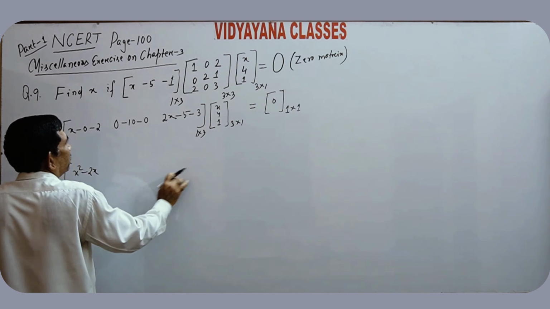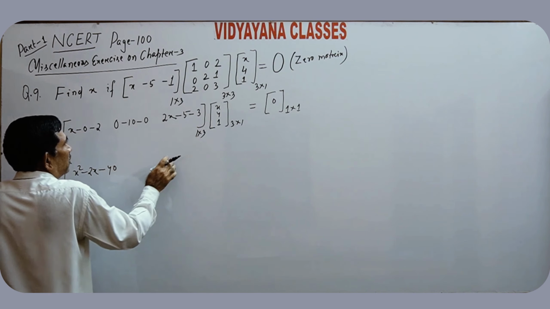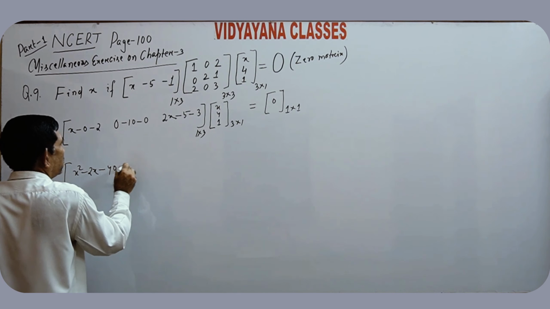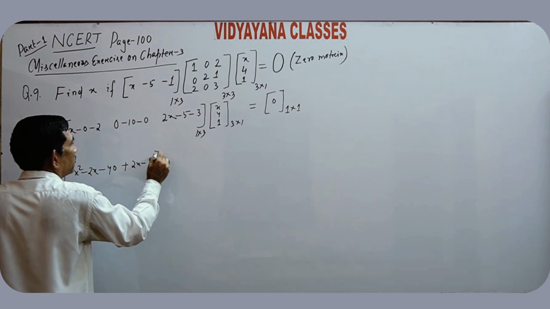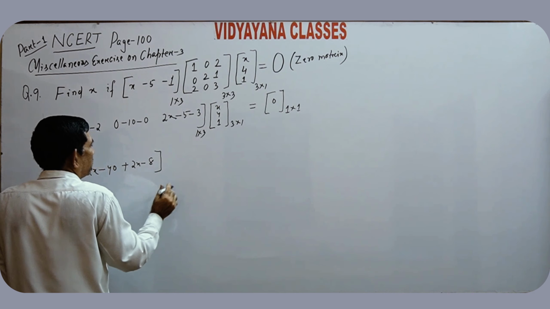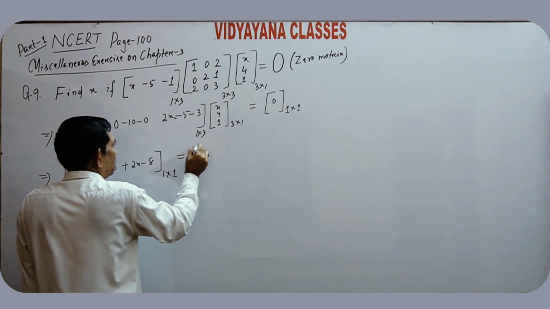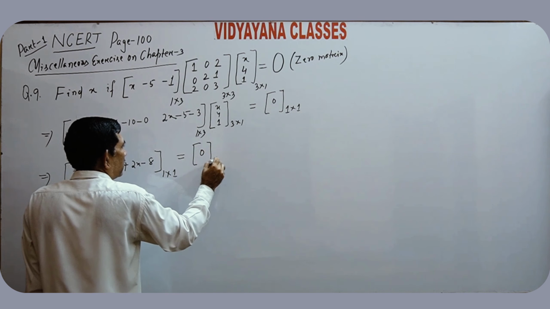Minus 10 into 4, minus 40. 2x minus 8 plus 2x minus 8. 1 cross 3, 3 cross 3, the result will be 1 cross 1, which is equal to 0 matrix of order 1.